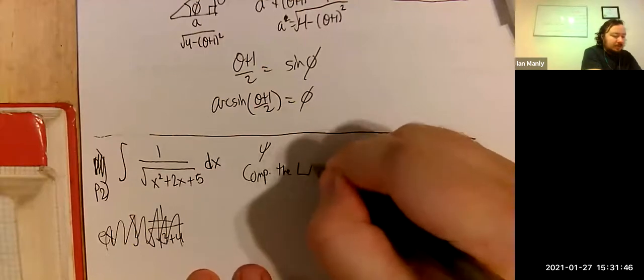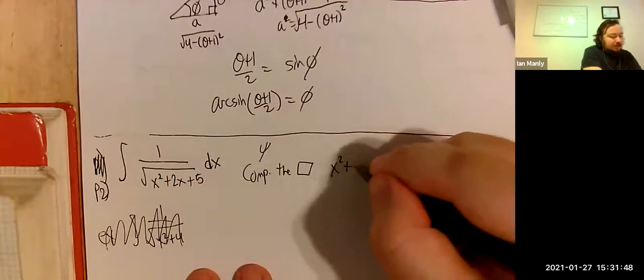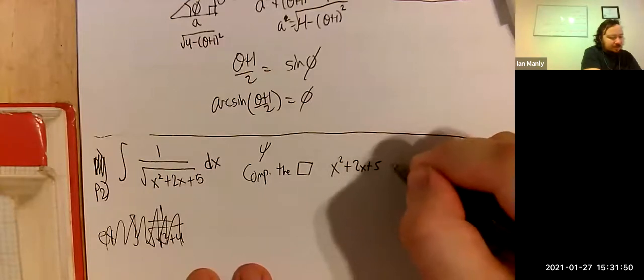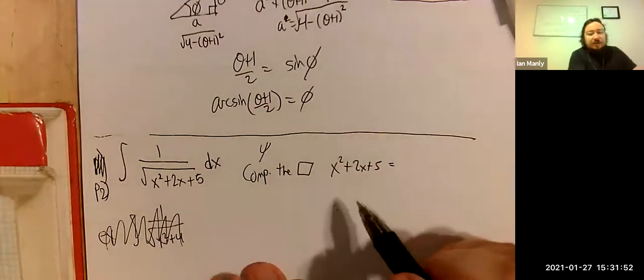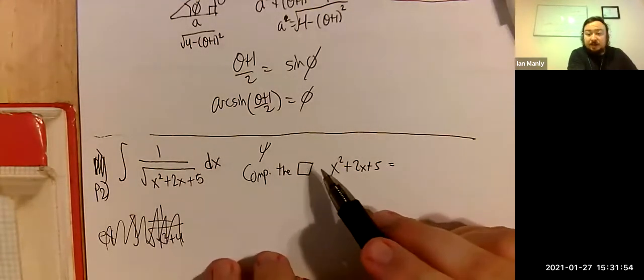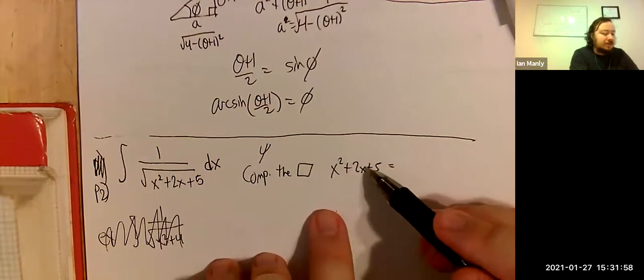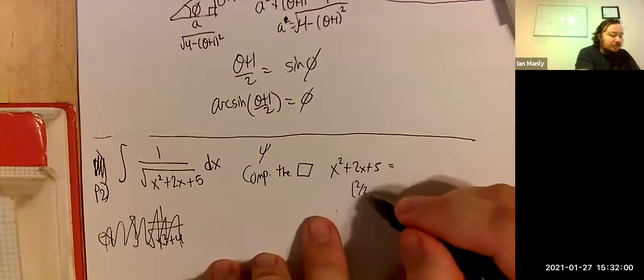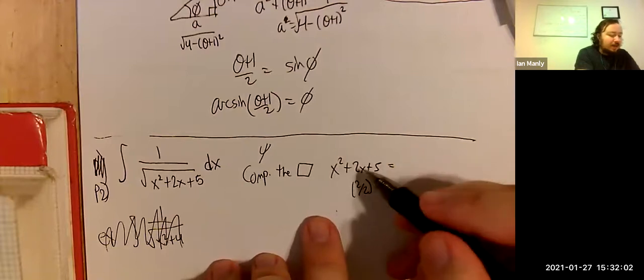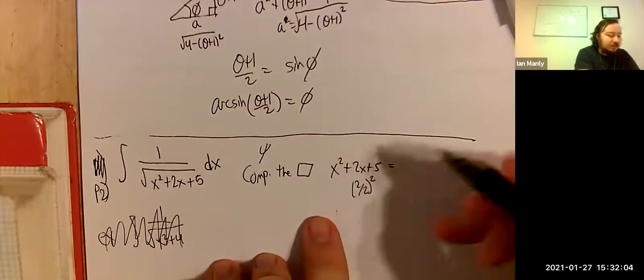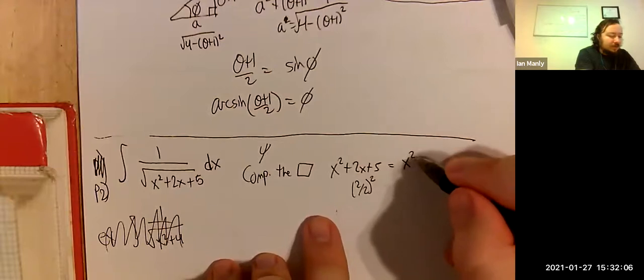Complete the square. So we have x squared plus 2x plus 5. I don't need to factor anything out of the x squared here, so that's good at least. So I'm going to look for my magic number. That's going to be 2 over 2, squared. I take this number over 2, and then I square it, and that's going to be 1.